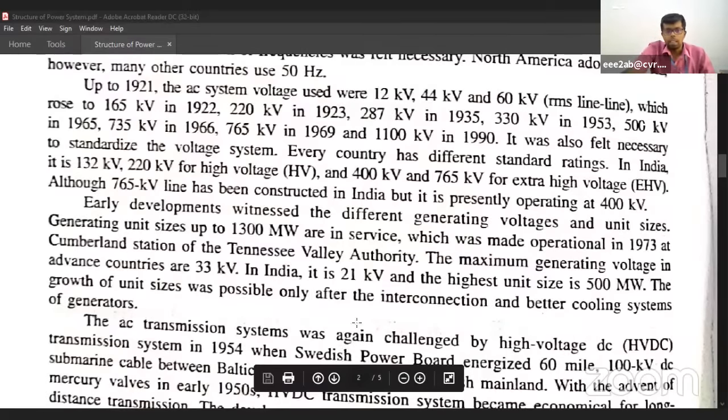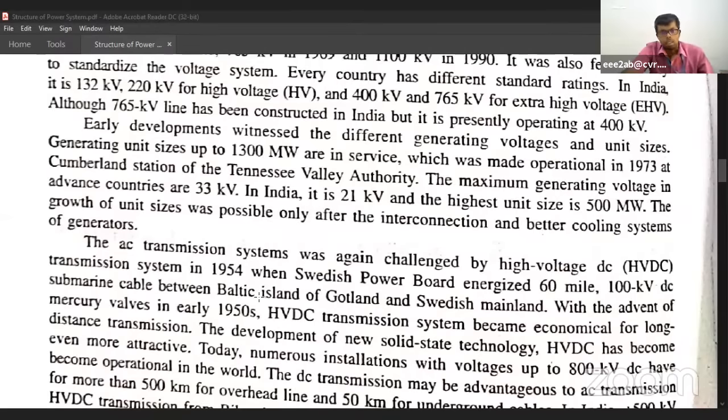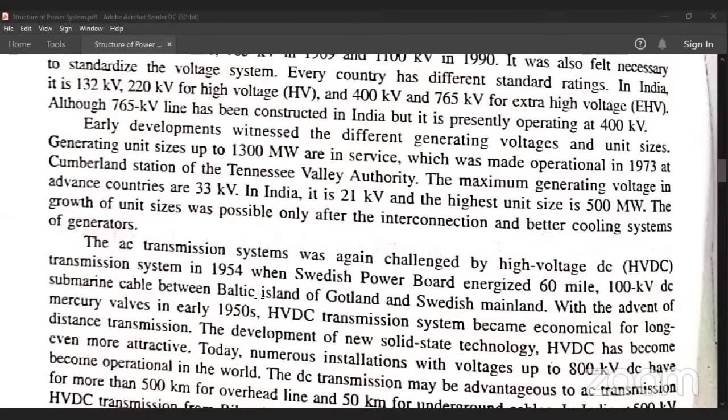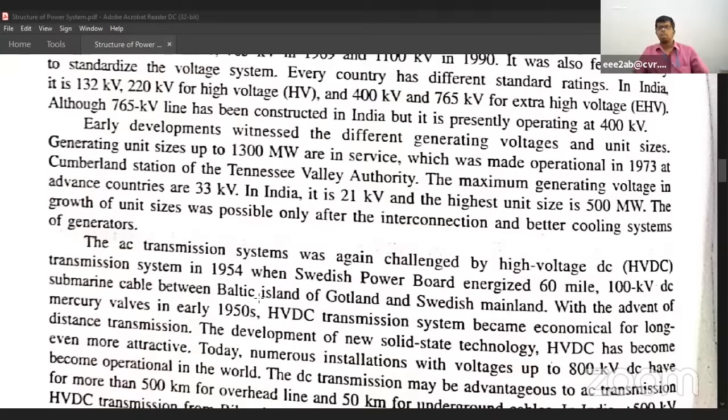Interconnection, grid formation, everything was done in India. Everything is connected with the grid system, even from Kashmir to Kanyakumari, one entire grid.